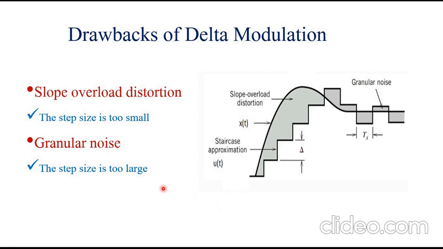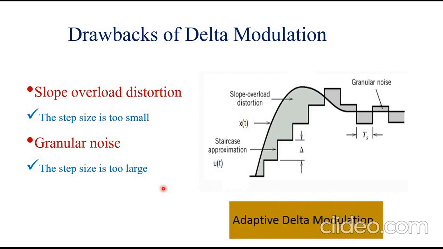To overcome this problem, we use adaptive delta modulation. Adaptive delta modulation is the modification to overcome these errors, granular noise and slope overload distortion.